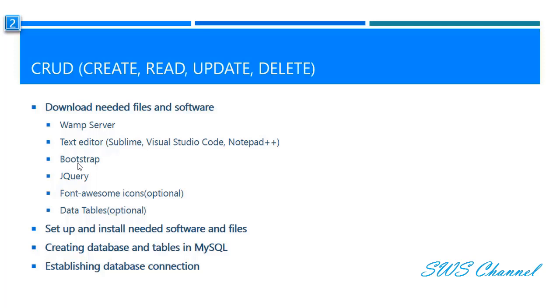After that, we will download jQuery. jQuery is a library of the JavaScript language, and to work with Bootstrap files we need jQuery. And in this application we will use Font Awesome icons. It's optional, and if you don't want it, it's not necessary to use.